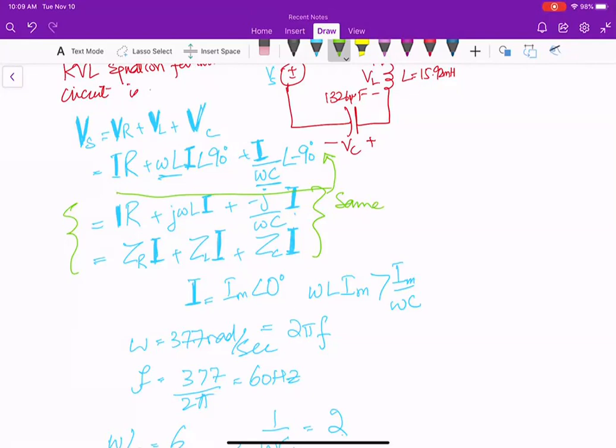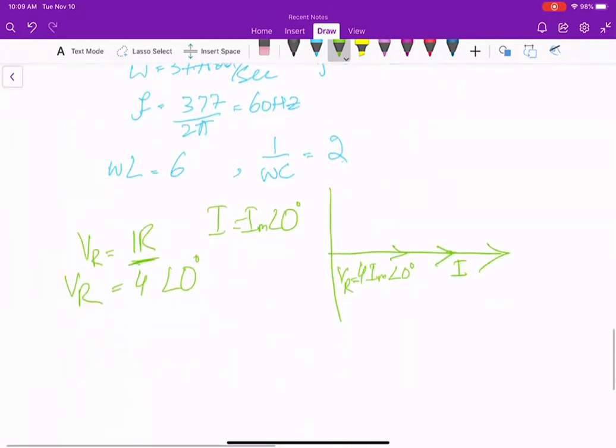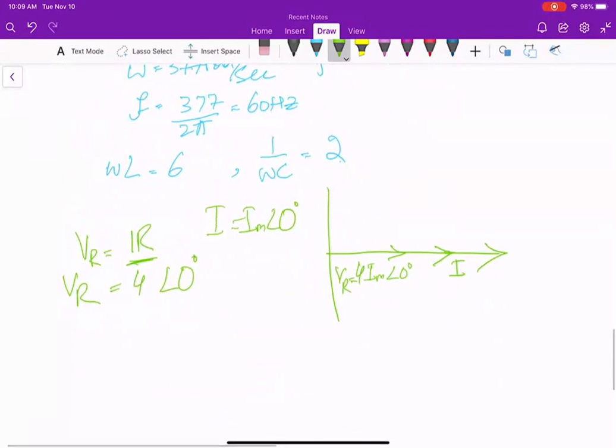What we are trying to do is, if we assume that our current is at 0 degrees, we are setting a reference phasor and we will try to build all the angles around it. It does not necessarily have to be at 0 degrees, but we are just trying to find a basic phasor and then we can convert our angles. Sounds good?